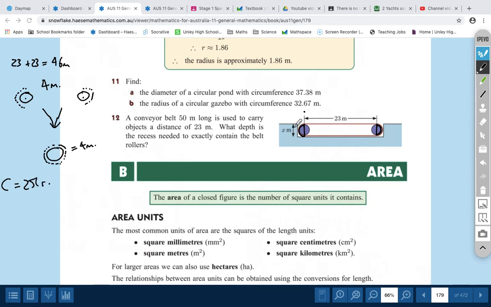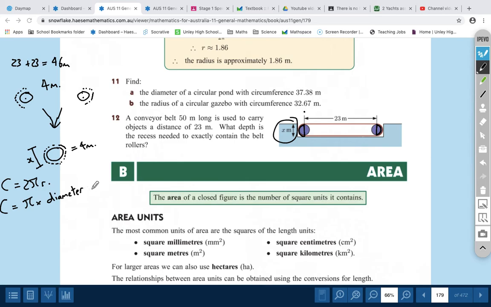But I'm trying to find x, right? X is the whole distance across the whole circle. It's actually a diameter. And there's another formula for circumference: pi times diameter.